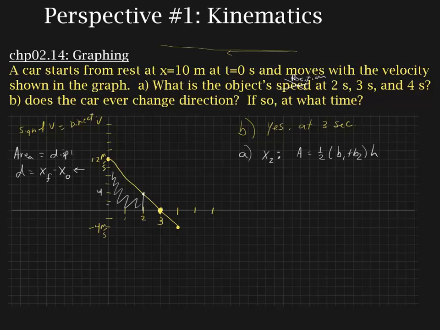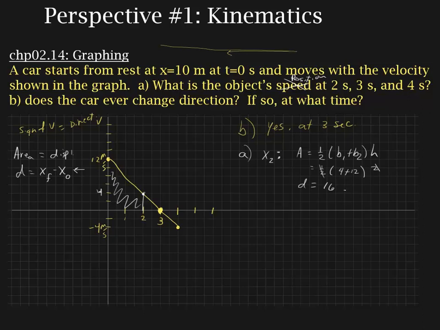Base 2, we could say, is 12. So this is going to be 1/2 times 4 plus 12, and then the height is going to be 2 seconds. So this 2 cancels out with that 1/2, and we have 4 plus 12 is 16 meters.